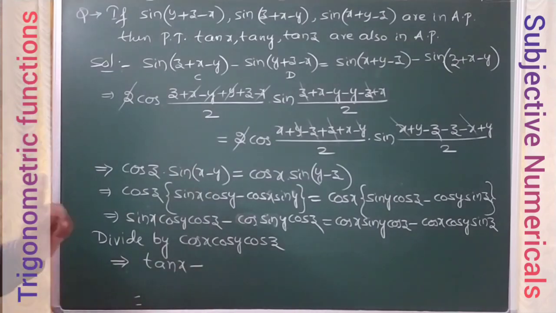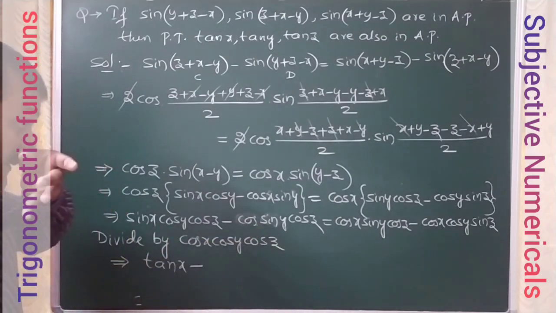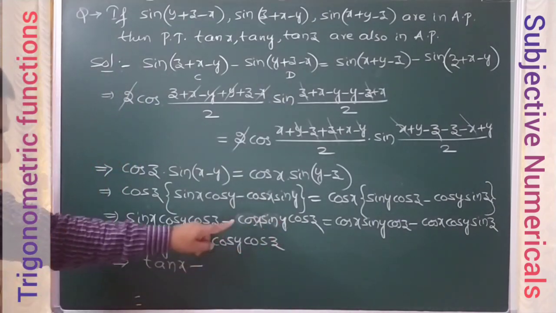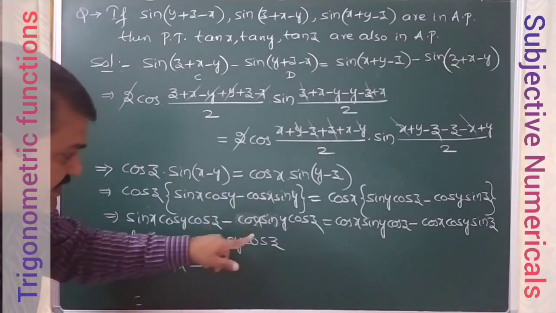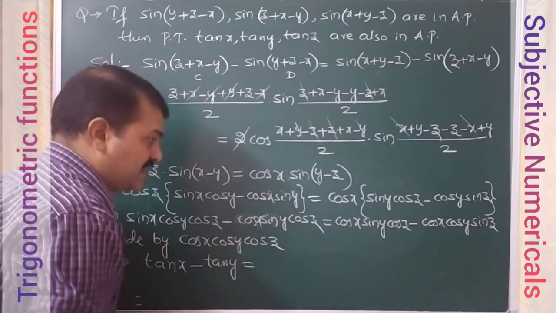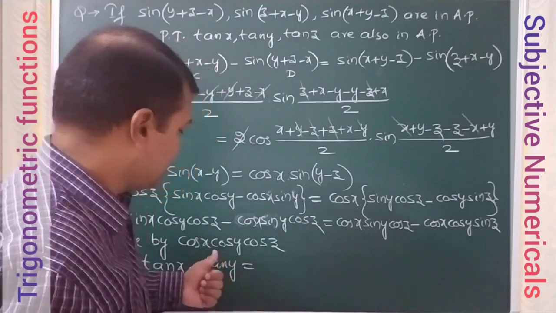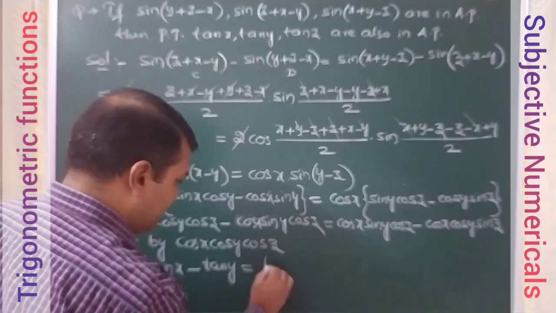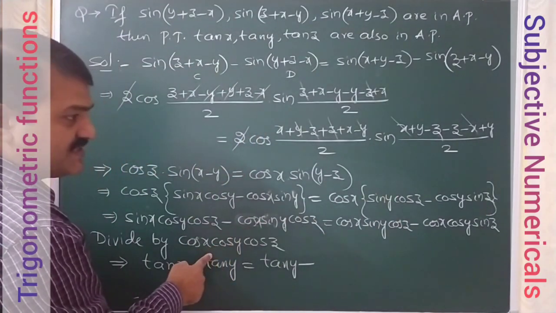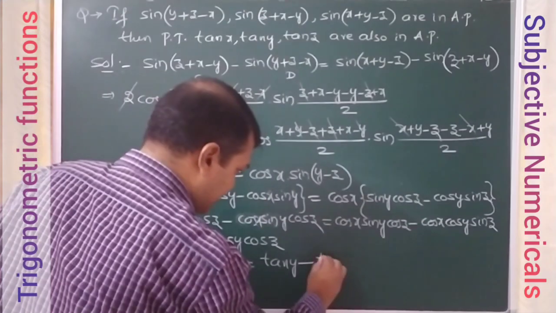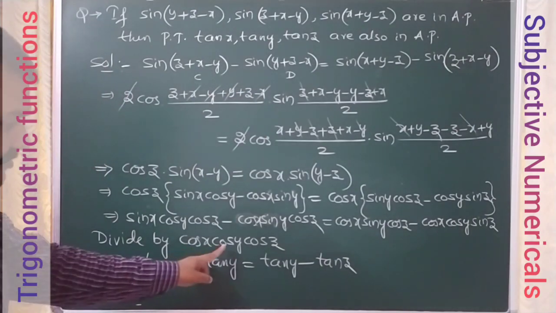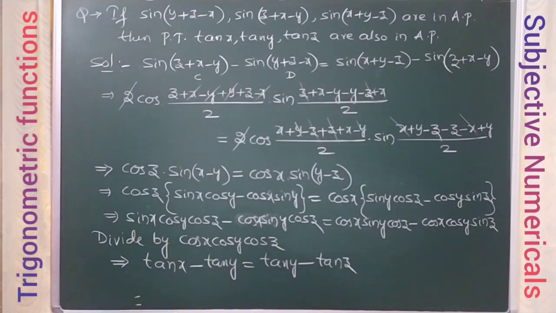Second term: cos x cancels, cos z cancels, sin y by cos y, tan y. This term divided with this, again tan y will come. This term divided with this, sin z by cos z, tan z. So after dividing every term, this is what we get.